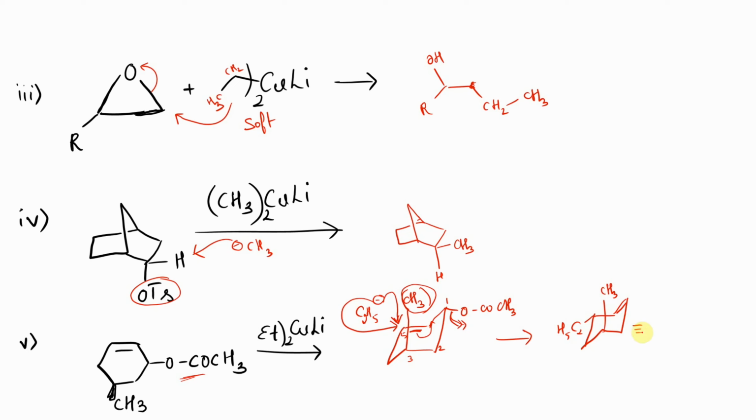This structure can also be represented in another form, so the double bond is over here. The C2H5 group will be on a wedge bond, that is, away from the observer, and the CH3 group which was already present will be towards the observer. So this is the product formed when you treat this compound with our Gilman reagent.